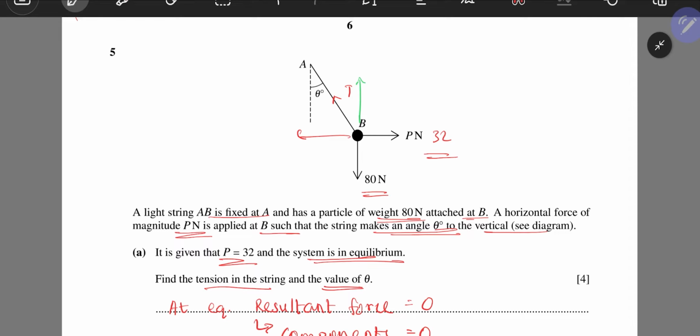Since it's a right angle triangle and T is the hypotenuse, with respect to angle theta, the vertical component is T cos theta. And the horizontal component of tension is T sine theta, since it's opposite to the angle, whereas the vertical component is adjacent to the angle. So T cos theta and T sine theta.